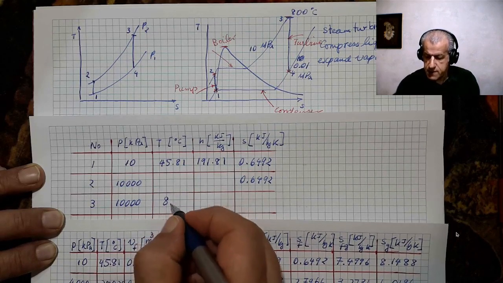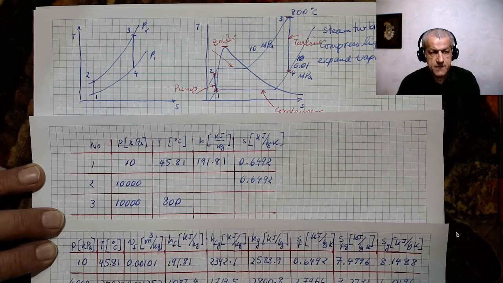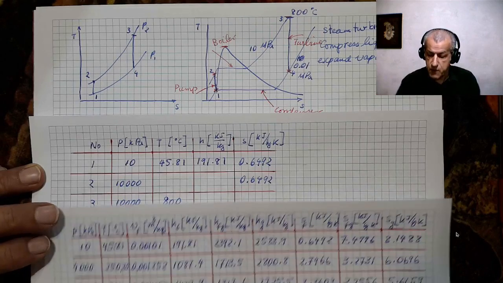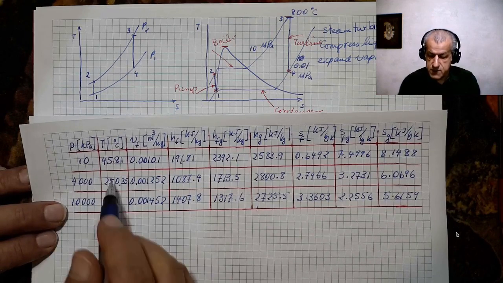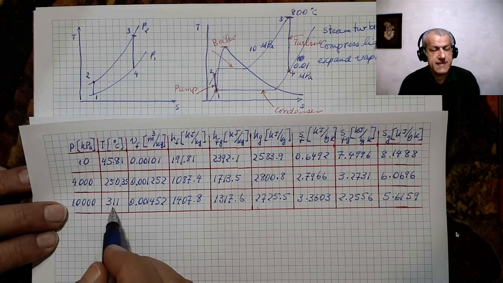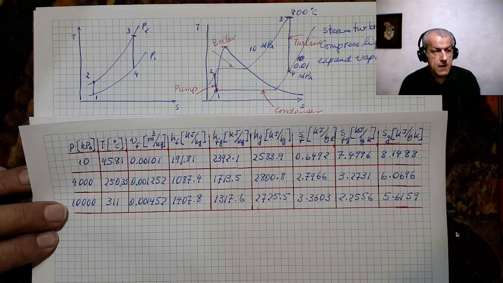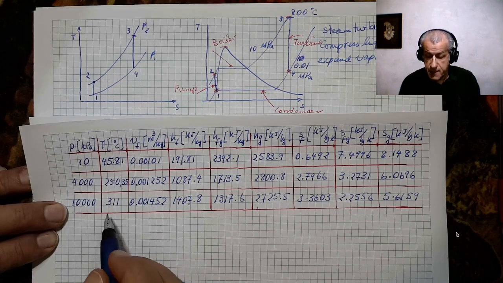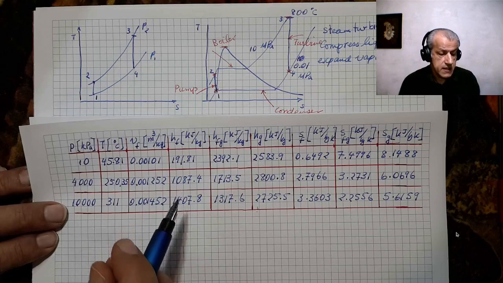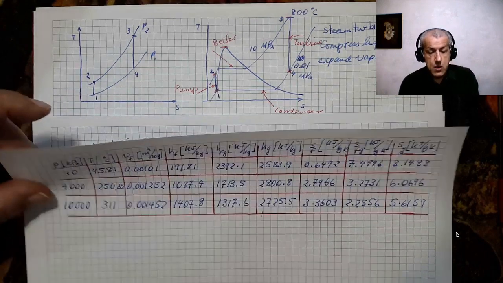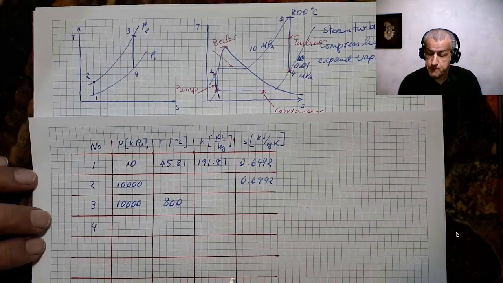It's 800 degrees C. And since its temperature is larger than the saturation temperature for 10,000 kilopascals, which is 311 degrees C, it is in a superheat condition.